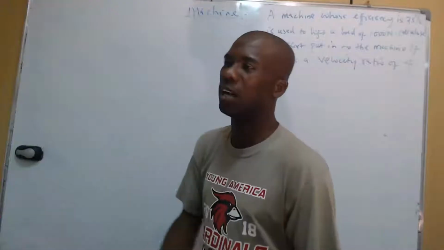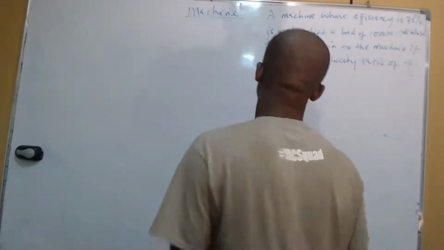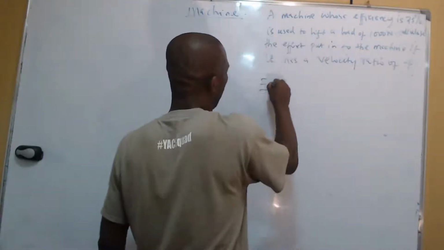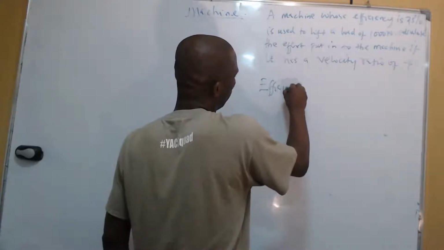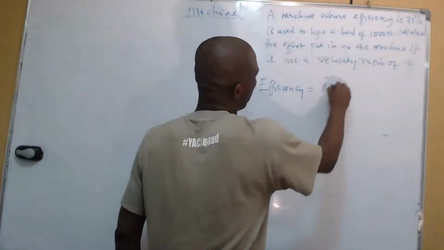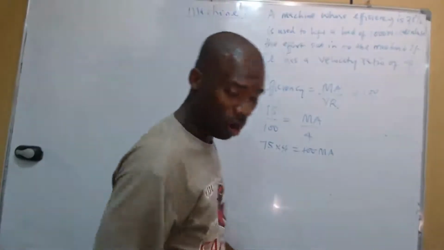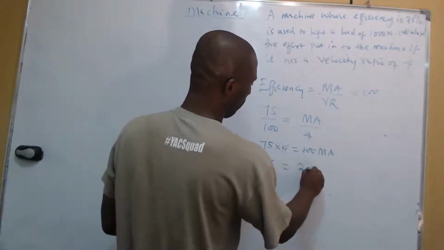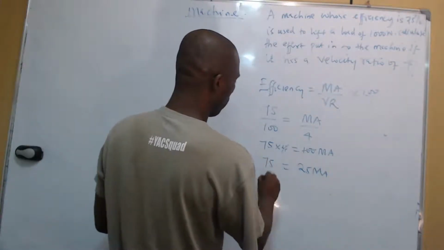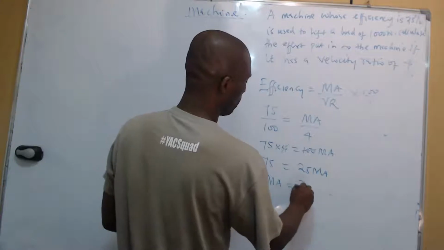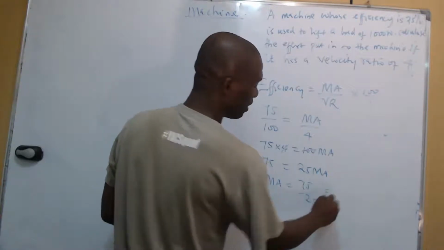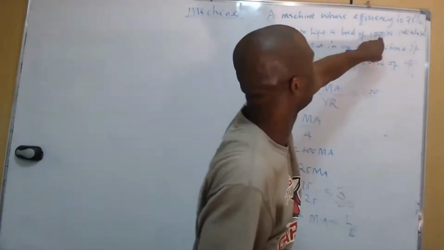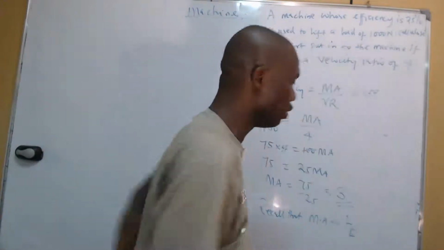Okay, now efficiency, as we all know, is mechanical advantage over 4. So 100 divided by 4 will give us 25. So we have 75 is equal to 25 MA. So MA is 75 over 25. I think it's 3. Load to be 1000 Newton.